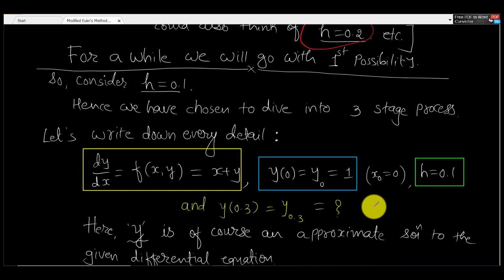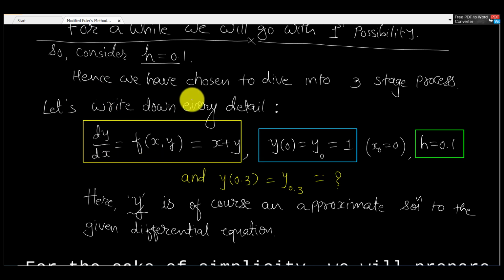So consider h is equal to 0.1. Hence we have chosen to dive into a 3-stage process. Let's write down every detail. dy by dx equal to f of x y, which is equal to x plus y. First thing, y at 0 is equal to y0, which is equal to 1, where obviously x naught is equal to 0, that is second thing, and h is equal to 0.1, that is third thing, and y at 0.3 is asked.